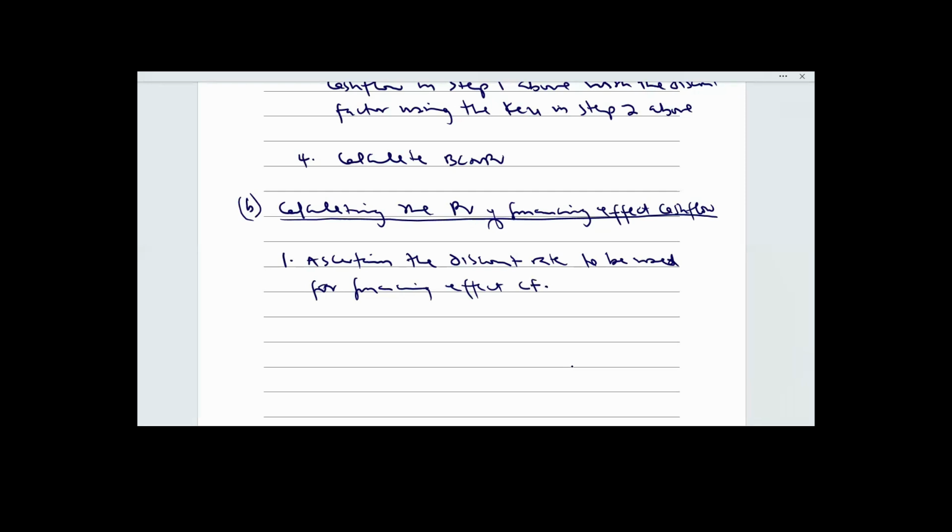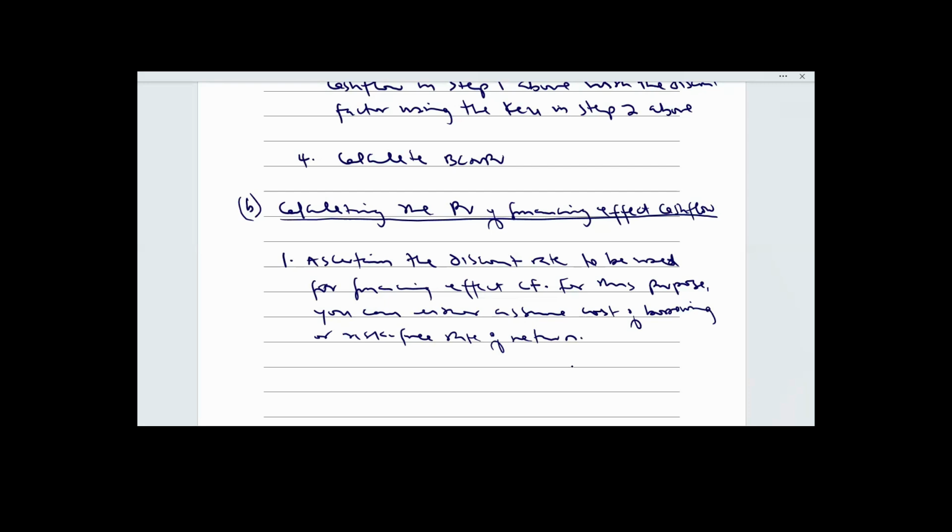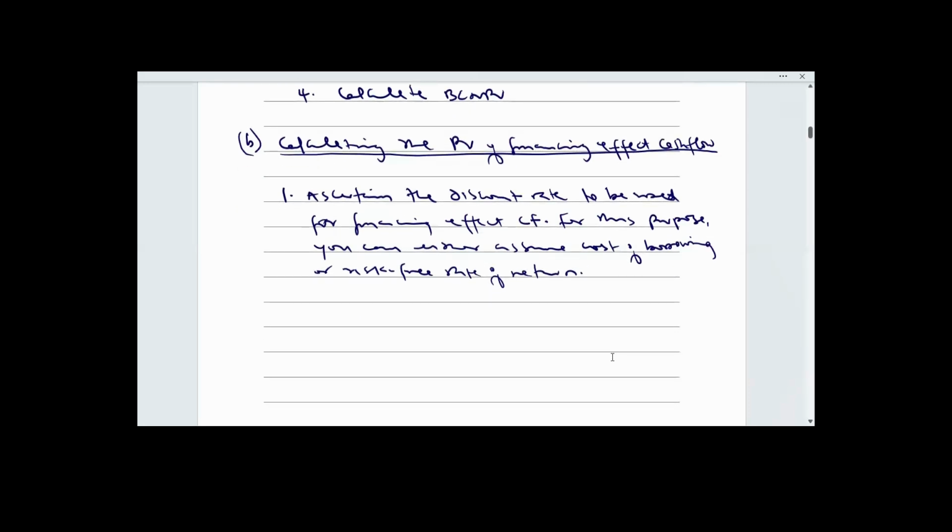For this purpose, you can either assume cost of borrowing or risk-free rate of return. Whichever of the two you assume, you state your assumption. Let the examiner know your position.